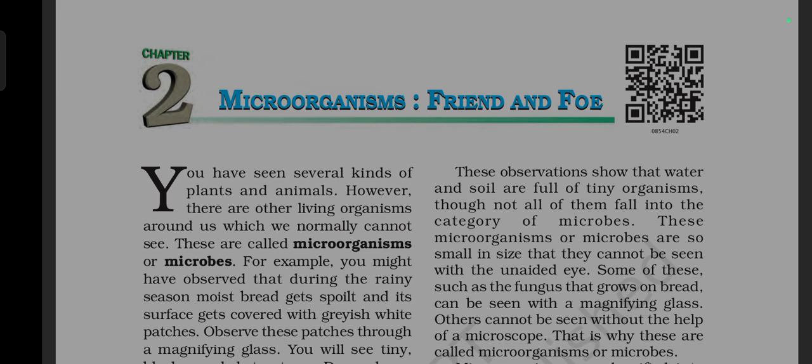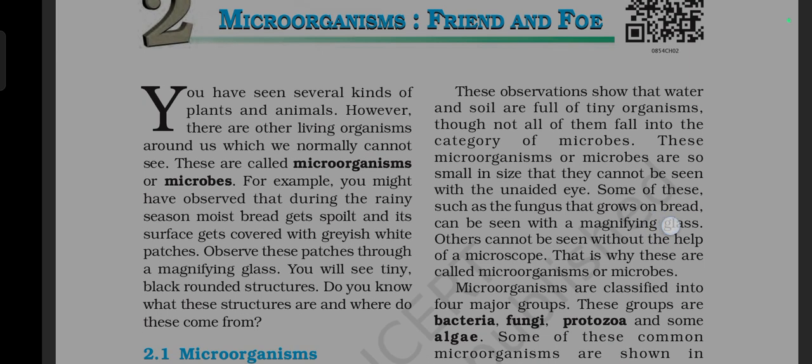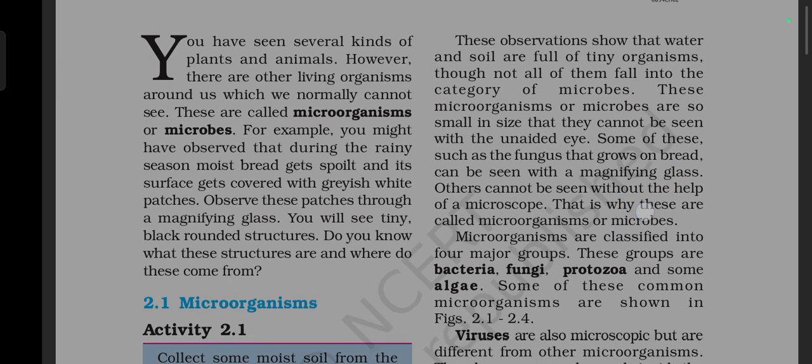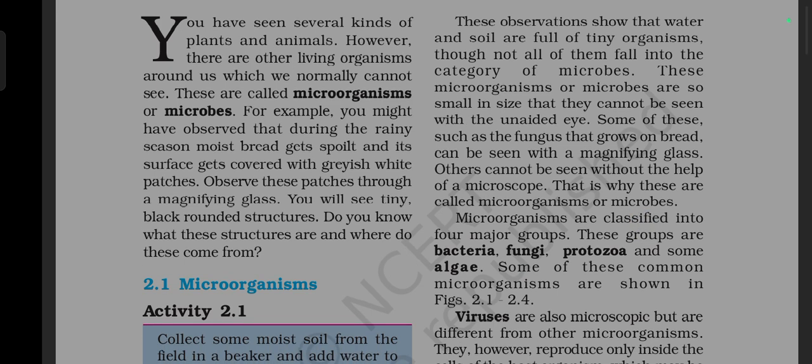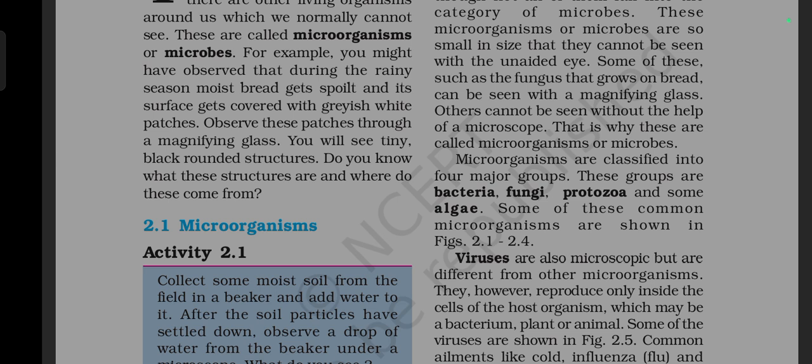Though not all of them fall into the category of microbes, these microorganisms or microbes are so small in size that they cannot be seen with the unaided eye. Some of these, such as the fungus that grows on bread, can be seen with the magnifying glass. Others cannot be seen without the help of a microscope. That is why these are called microorganisms or microbes.